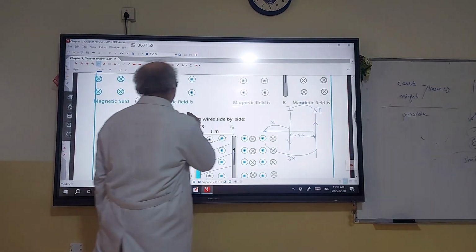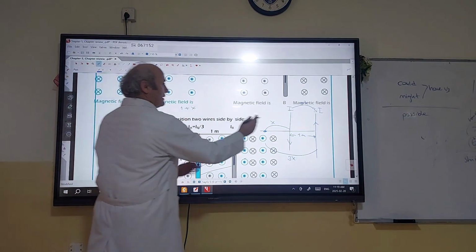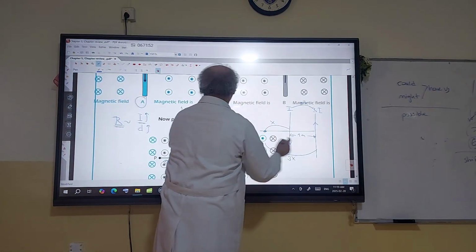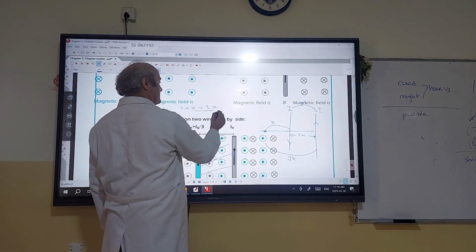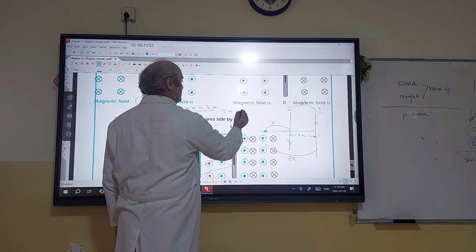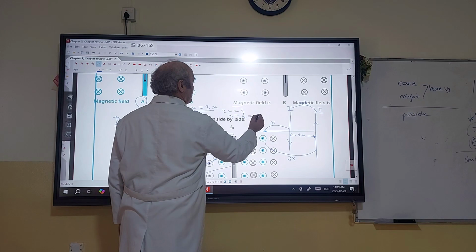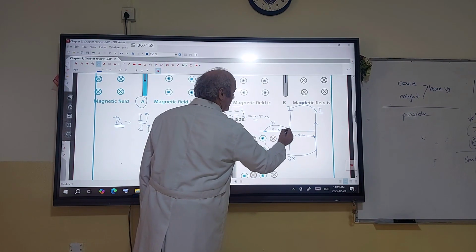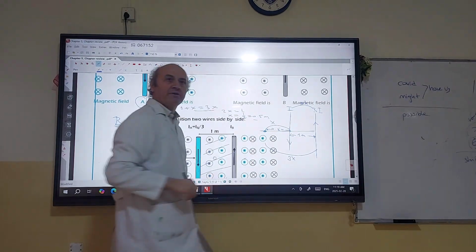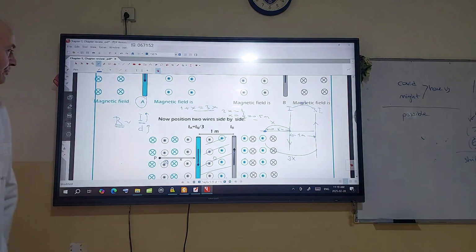Then mathematically, what am I going to write? 1 plus x is equal to 3x. Then transfer this to the other side, 2x is going to be 1. x is going to be 0.5 meter. And this distance must be 0.5 meter. Right in here, the net magnetic field is 0. Okay.